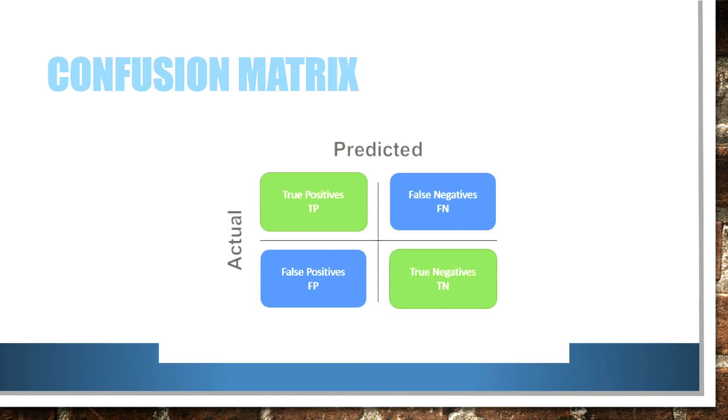So true positive means that the image is of a dog and your model correctly identified the dog as a dog. True negative is the image is not a dog and your model correctly identified it as not a dog.